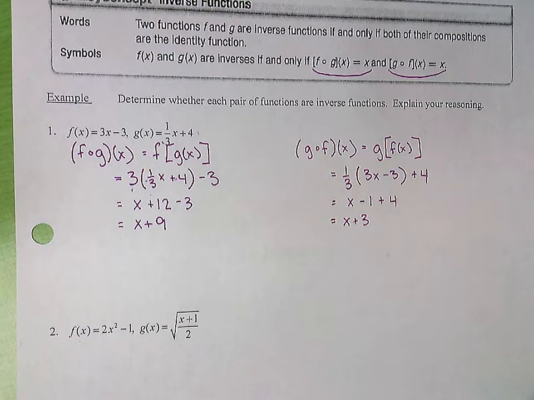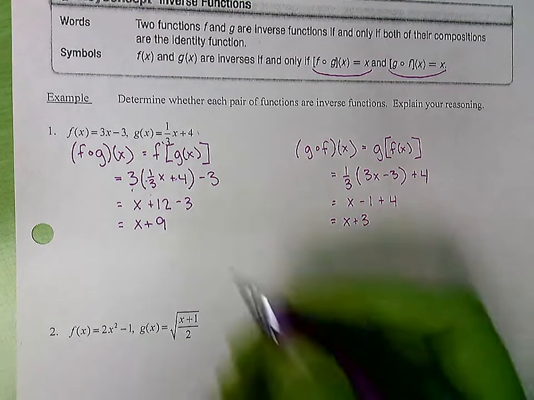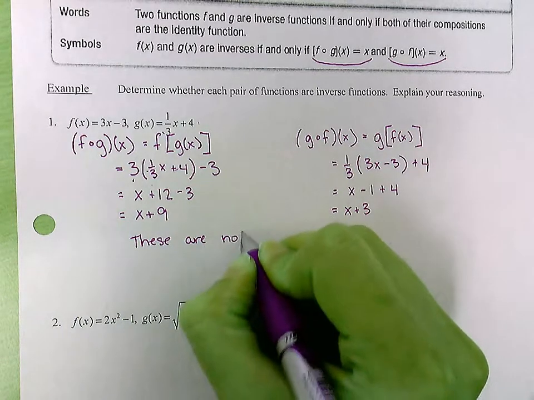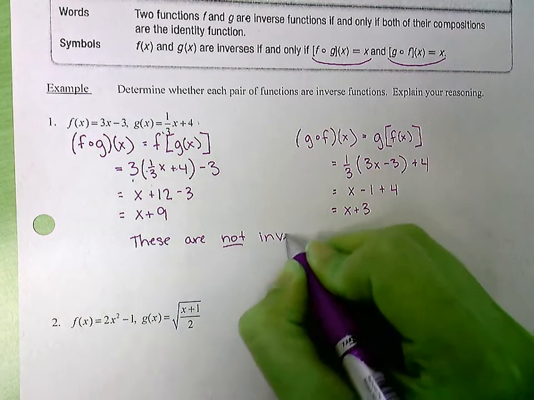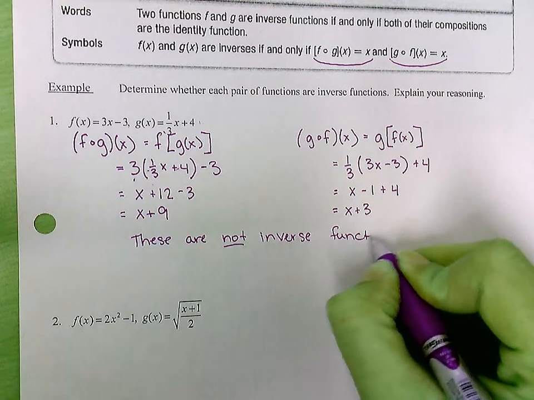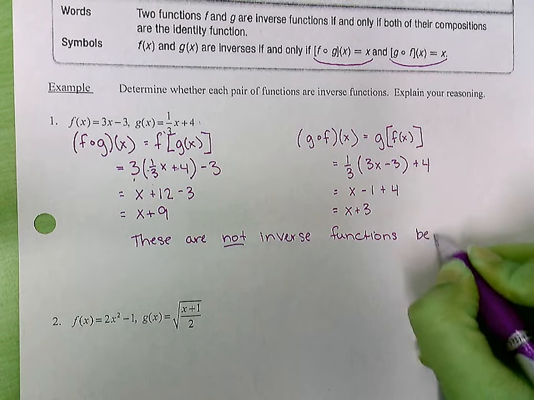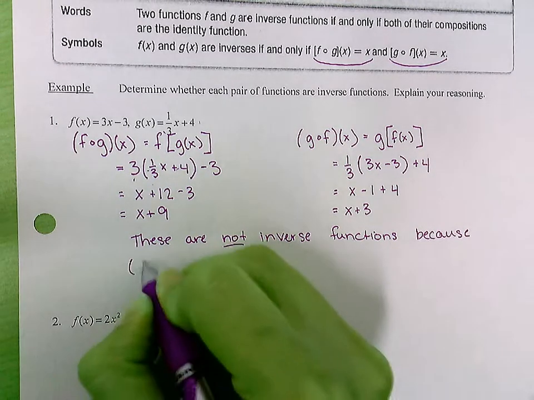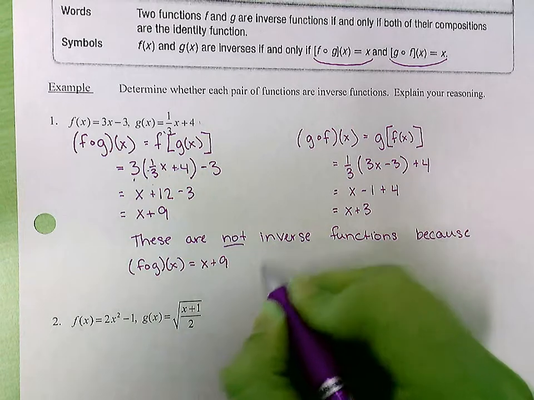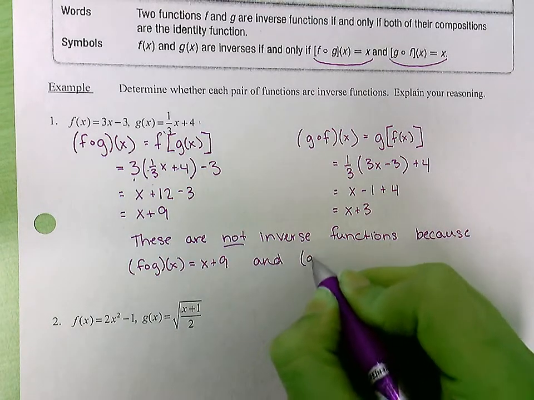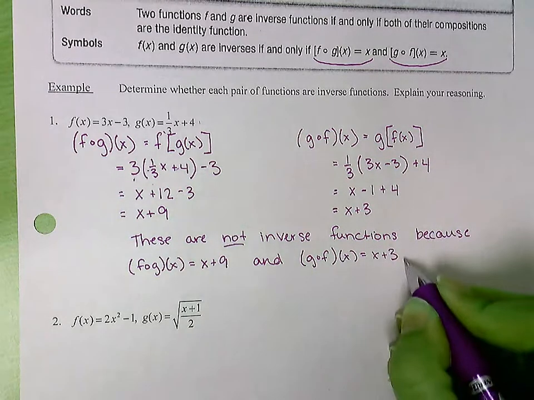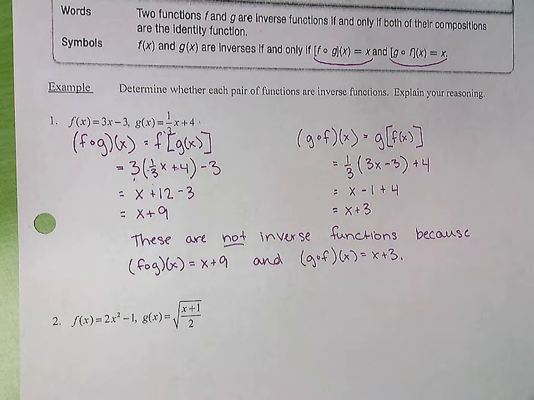If you end up with something like this, you can say these are not inverse functions, because f of g of x equals x plus 9, and g of f of x equals x plus 3. So these are not inverses of each other.